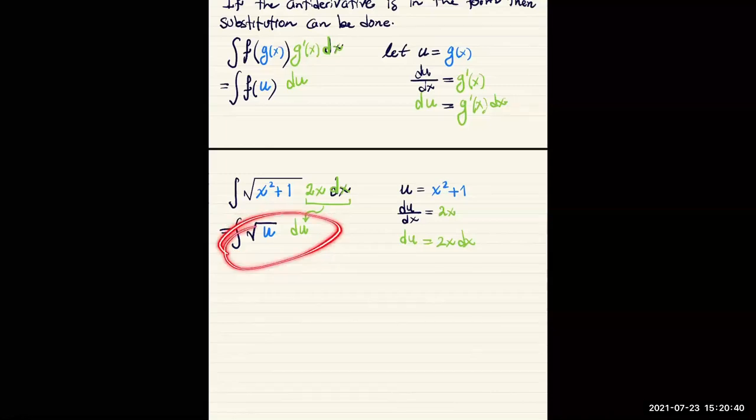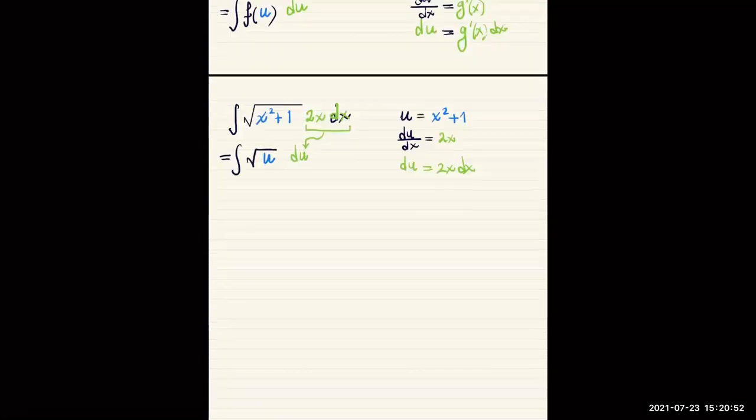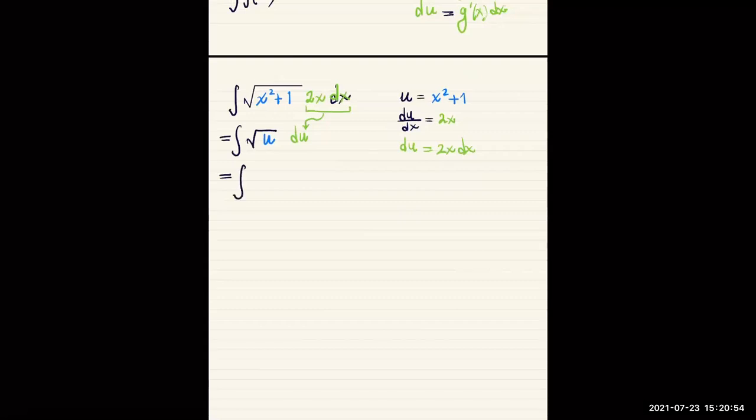Look at that. We can do this antiderivative using the power rule fairly simply, right? It's just that the variable has changed. That's all. We did a transformation on the antiderivative. This is the same as saying the integral of u to the half du.